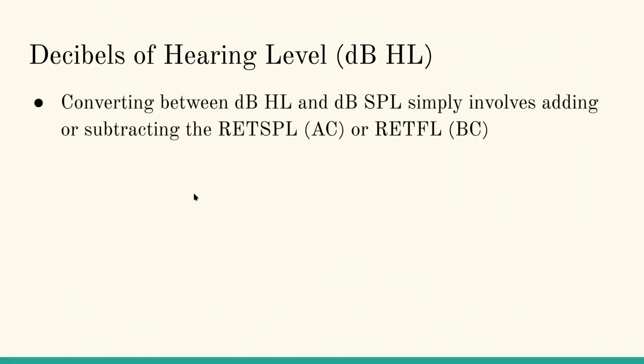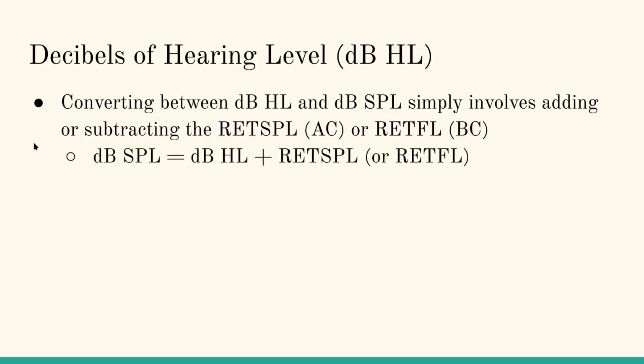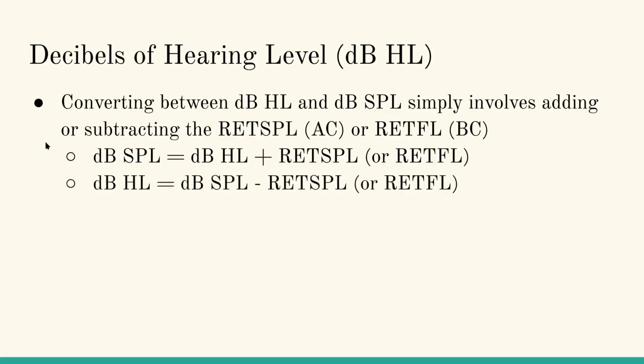So converting between dB HL and dB SPL again simply involves adding or subtracting the RETSPL or the RETFL. dB HL plus RETSPL or RETFL equals dB SPL, or dB HL is dB SPL minus the RETSPL or the RETFL.